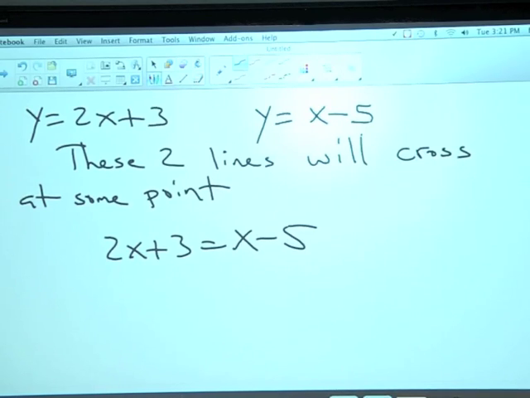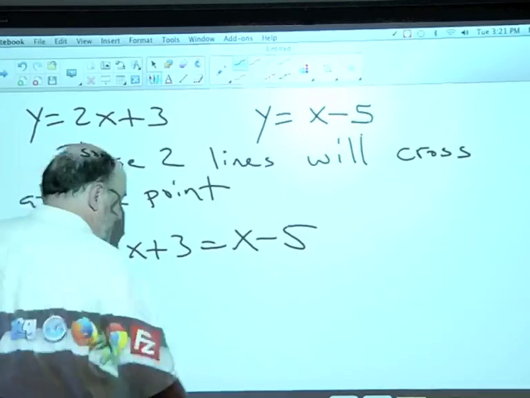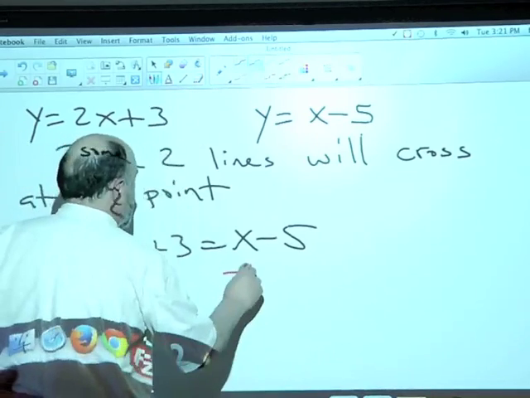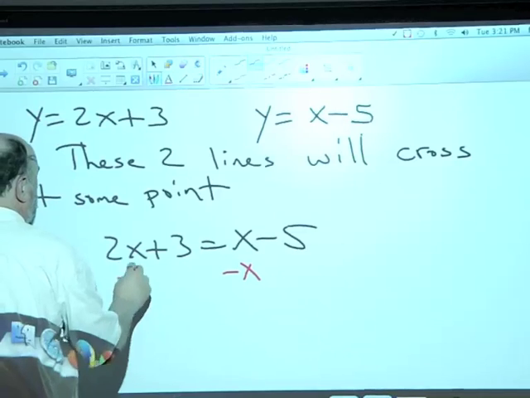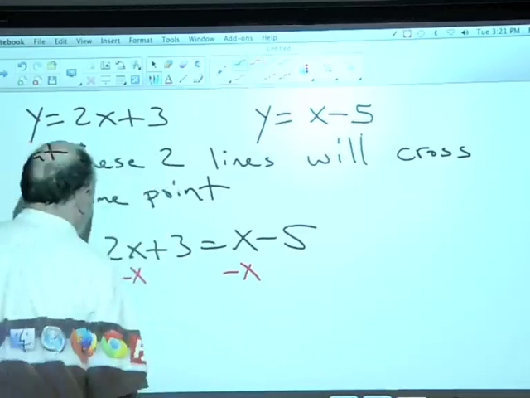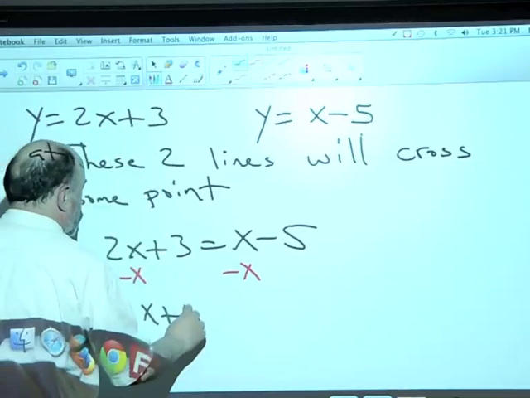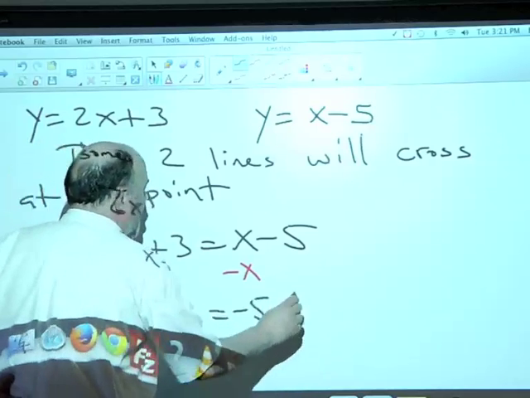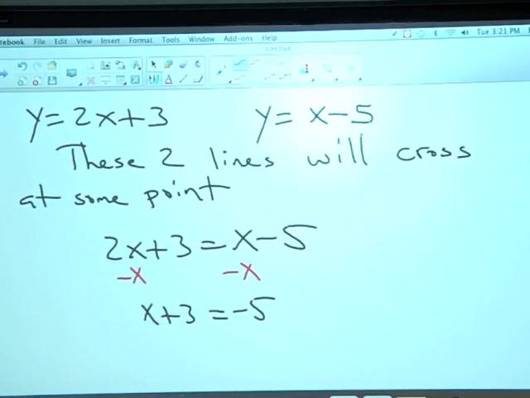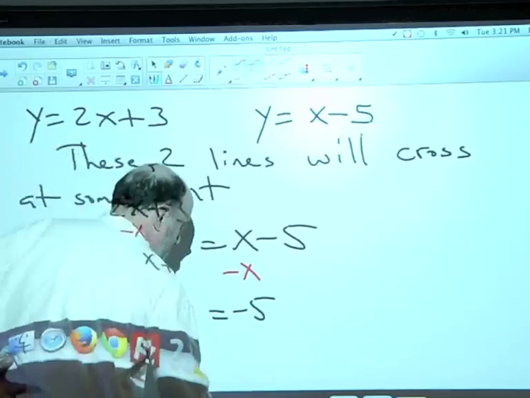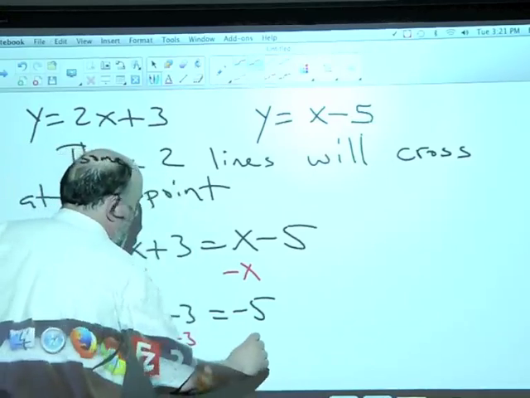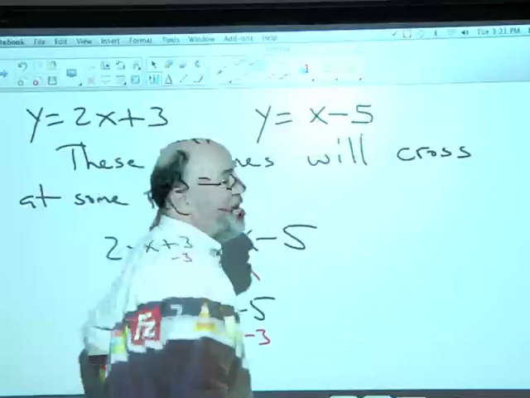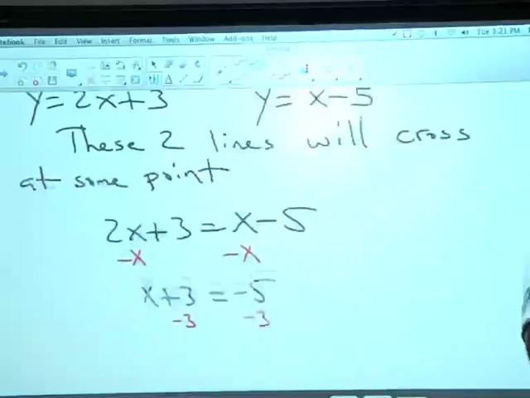And so I could solve that equation for x. That's easy enough. I want to get the x's on one side. Subtract x. So we get x plus 3 equals negative 5. Next step, take the 3 over. And we get x will be negative 8.